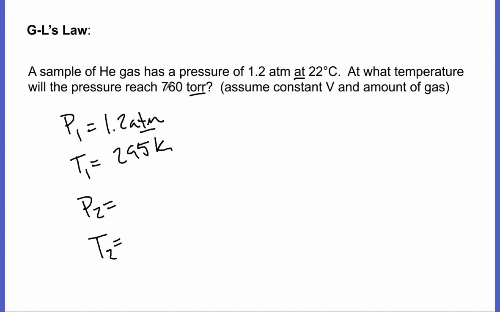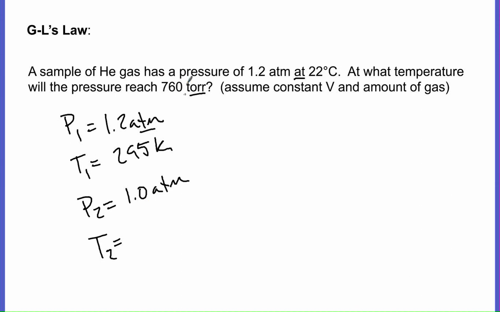But 760 torr is equal to 1 atmosphere. So do the easy conversion if you can recognize it, right? I'll always give you one of those standard pressures so that you can convert it quickly. I might make it so that they don't match, but I'm typically going to give you one that's a standard condition so that you can change it quickly, right? So you should know that 760 is 1 automatically and not really have to do any math.